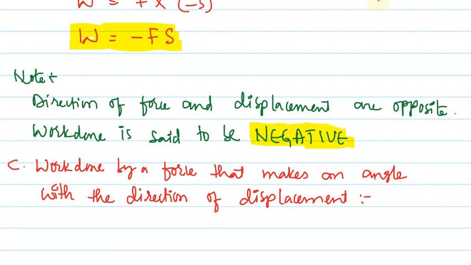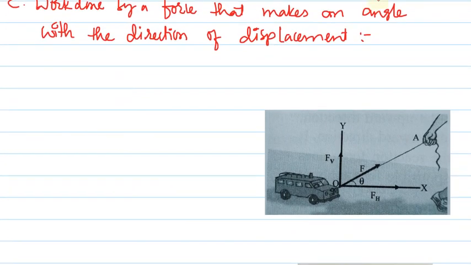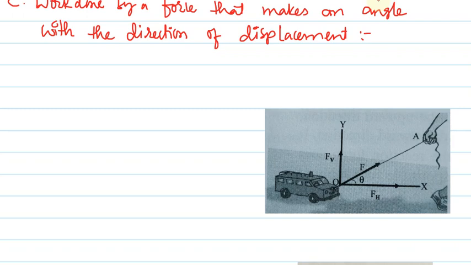Let's see in the diagram. Here, the toy car moves along the horizontal ground surface OX, but the force is along the string OA. Thus, the direction of force makes an angle theta with the horizontal.